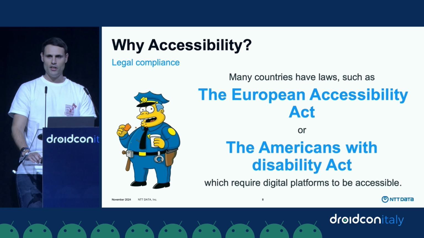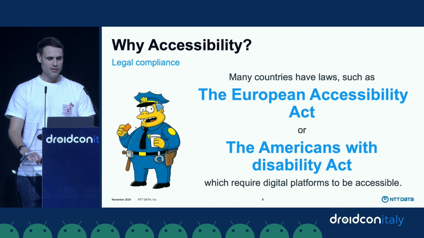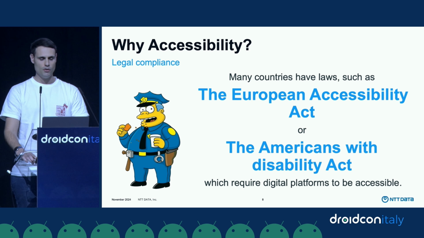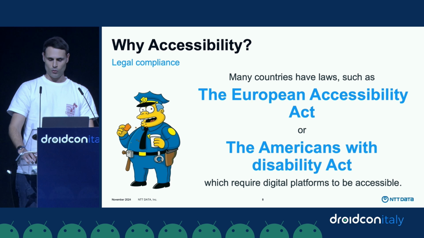And then, last but not least, the guy before me just talked about it, but I want to dive a little bit more. Accessibility is also legal compliance, because many countries have laws such as the European Accessibility Act in Europe, or for the US market, the Americans with Disabilities Act, which requires that our platforms must be accessible.